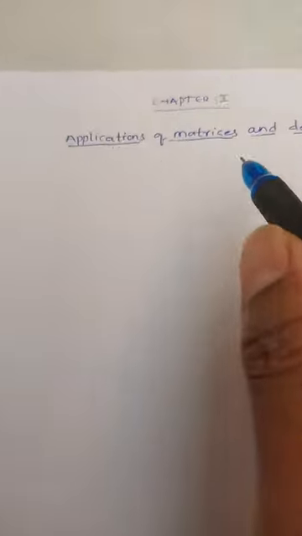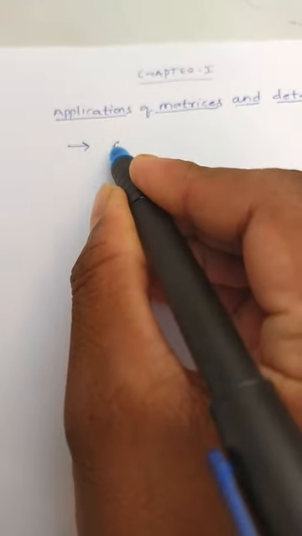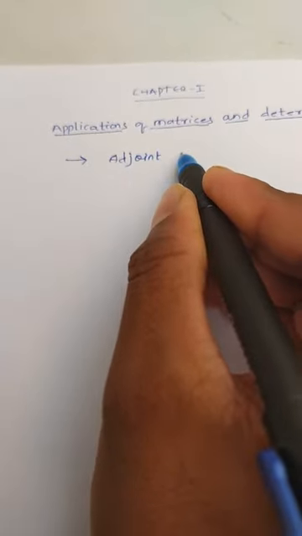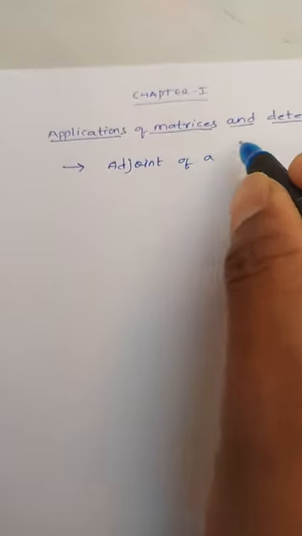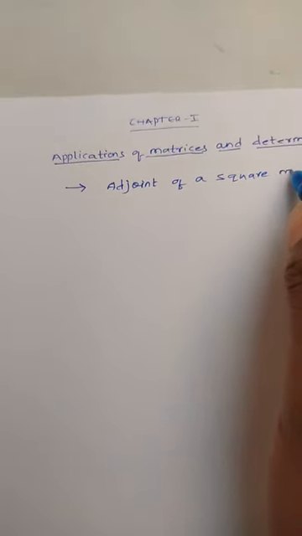In that we have a few topics, but I am going to teach only 2 topics today. The first topic is how to find the adjoint of a square matrix. Adjoint of a square matrix.